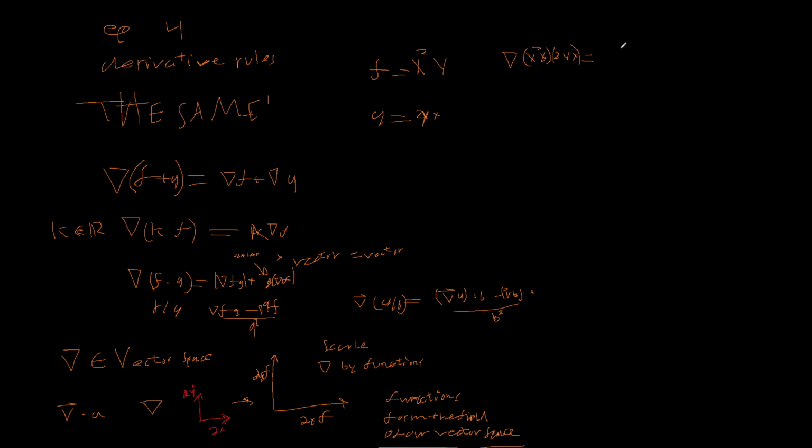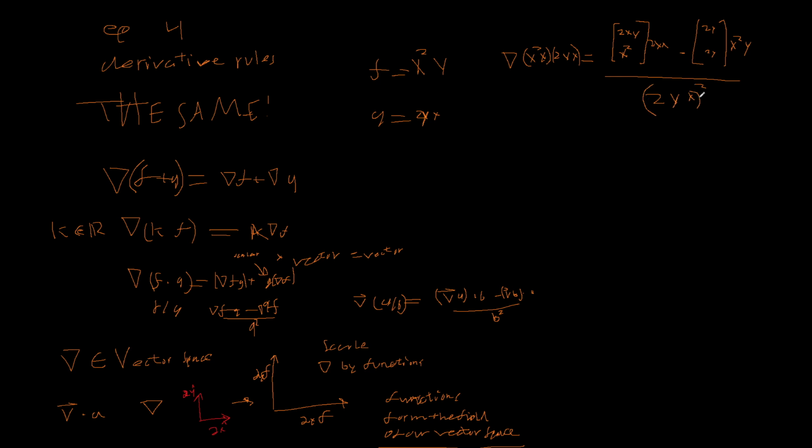Nabla f is (2xy, x squared) times 2yx, minus (2y, 2x) times x squared y, over (2yx) squared.